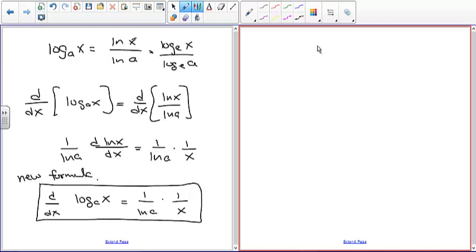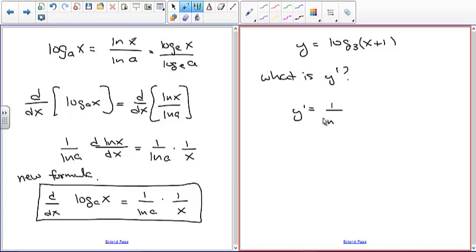So let's just do an example. Let's say y equals log base 3 of x plus 1. What is y prime? Well, I just use the formula. y prime is equal to 1 over the natural log of 3.